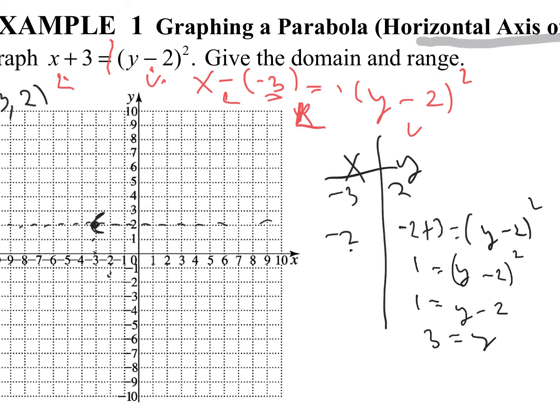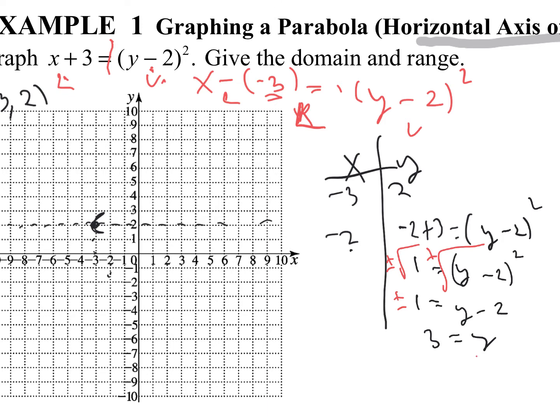Well, let's see. Corrections. I square rooted both sides right here. That means plus or minus. So what happens is I do have the 1, but it was a plus or minus 1. So I do have y is 3.